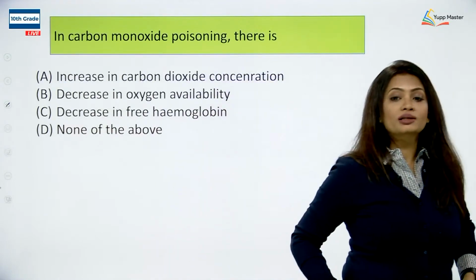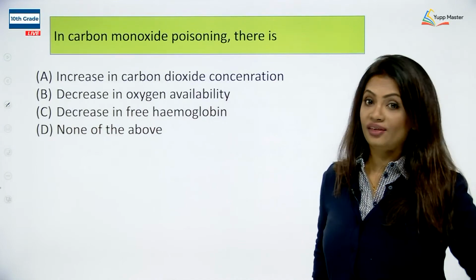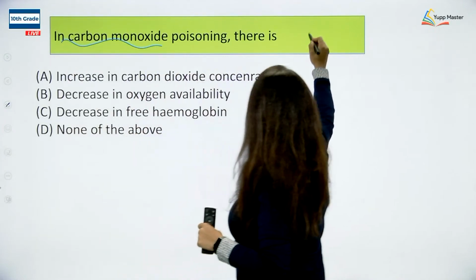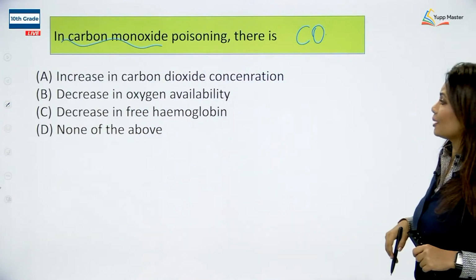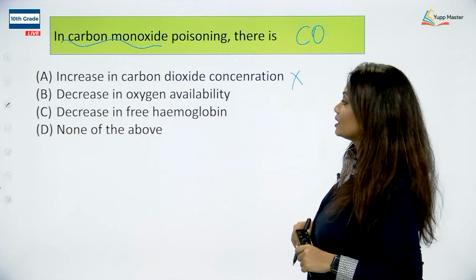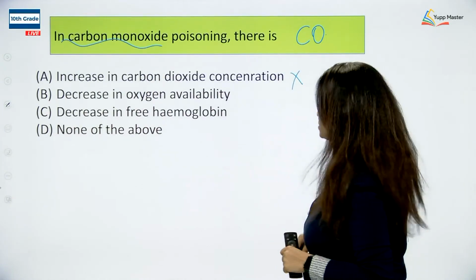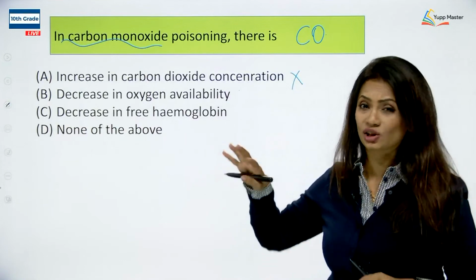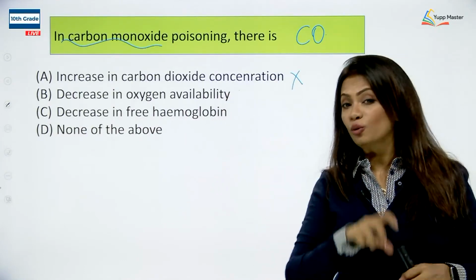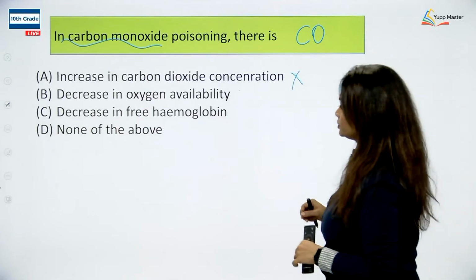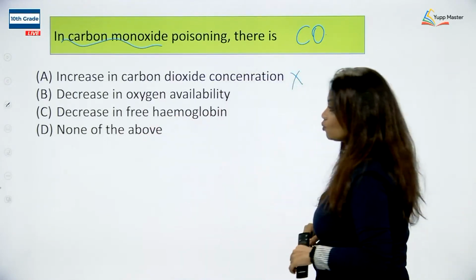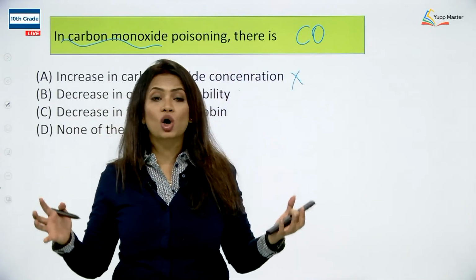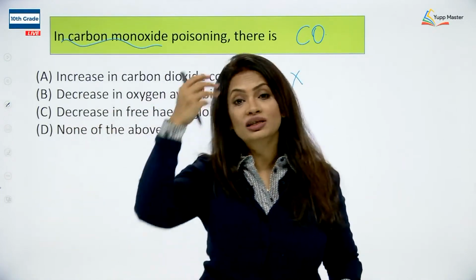Next, in carbon monoxide poisoning, what is there? First, carbon monoxide is indicated by CO. Is there an increase in carbon dioxide concentration? Not at all. Decrease in oxygen availability, yes, there would be a decrease. Why is that? Because oxygen would actually be in the atmosphere, but the hemoglobin would not be able to take it up. Let's see our third option, decrease in free hemoglobin. Well, that is true too. Hemoglobin will not be free because all that carbon monoxide is going to attach itself to the hemoglobin.